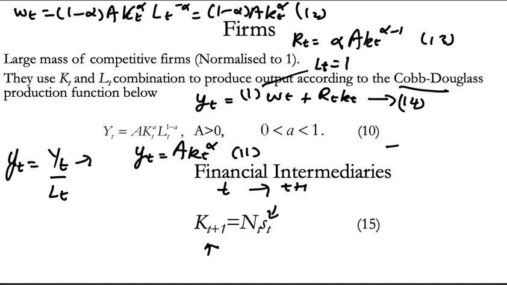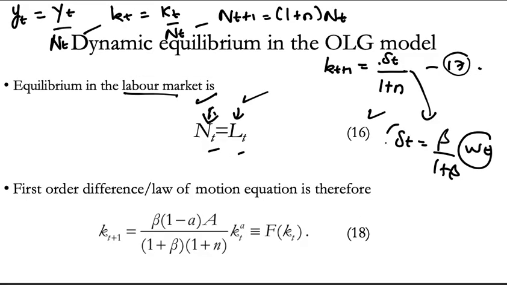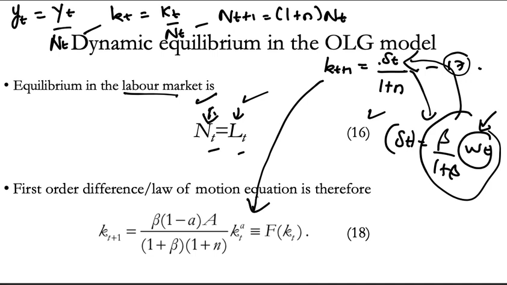Substitute W_t into this, then you get this, substitute it back into this, then you get what we call the first order difference equation, or law of motion, which is expressed in equation 18.